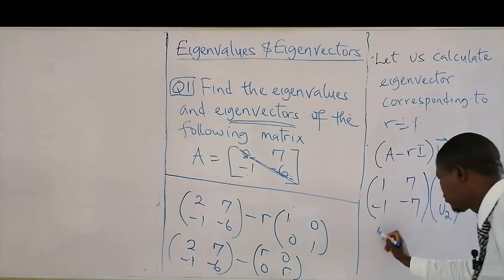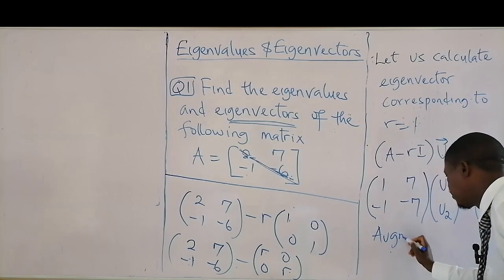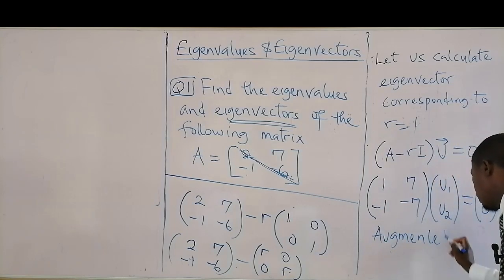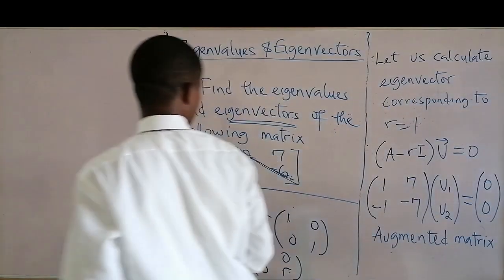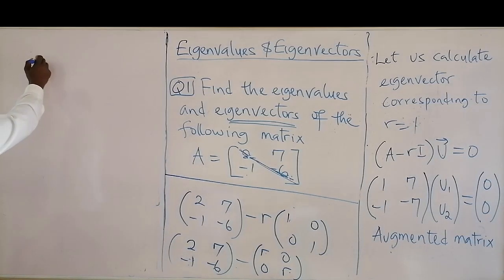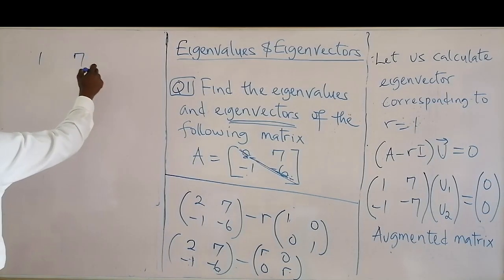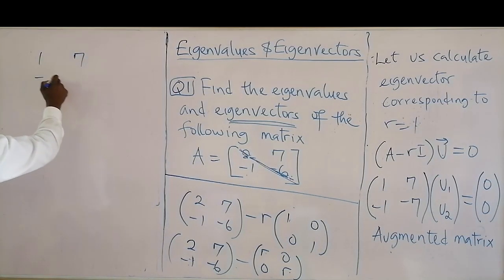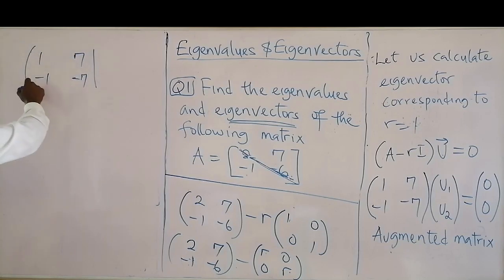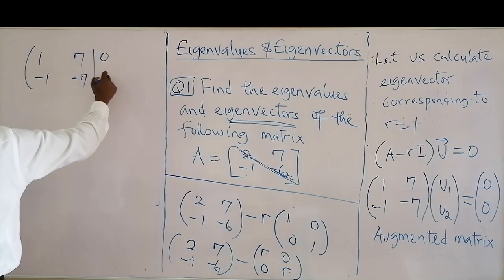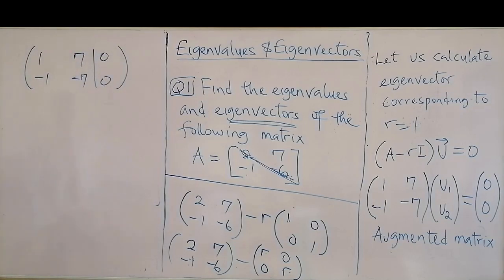Okay, so the augmented matrix will be 1, 7, minus 1, minus 7, put your slash here, that will be 0, 0. Okay, so that's what we have.